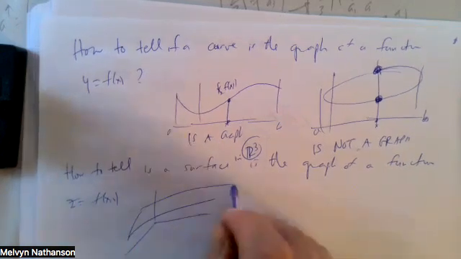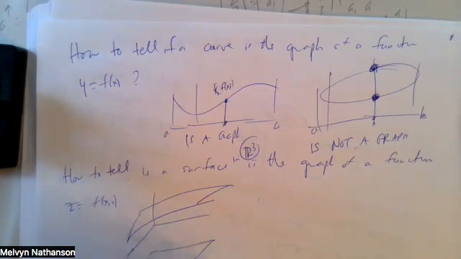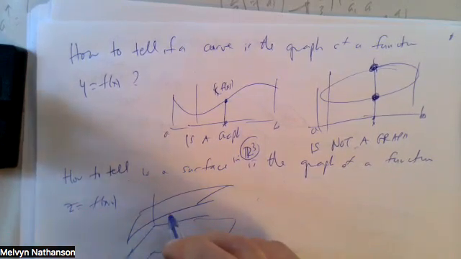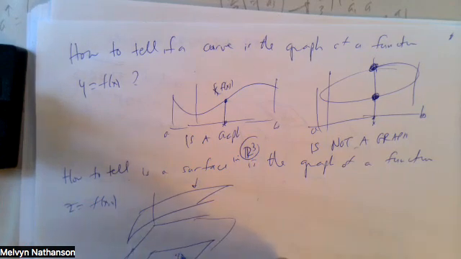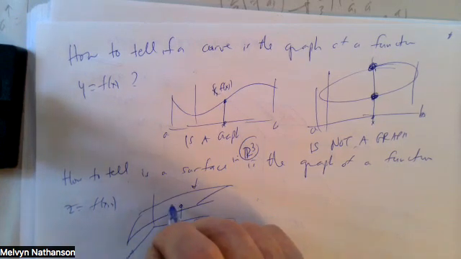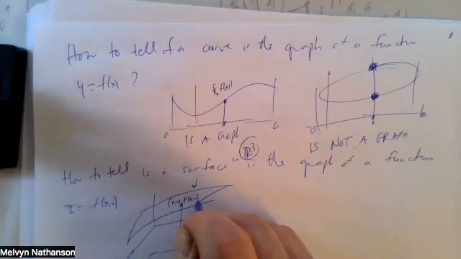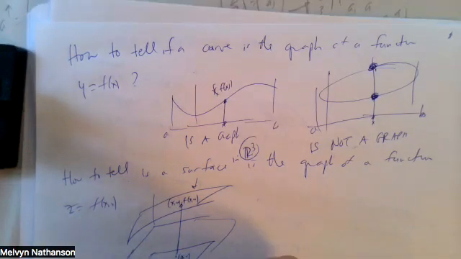If you have a surface over some region in the xy plane, this is your surface. And for any point xy, if you draw the vertical line, it hits the surface in just one point, z, then you can say that z is the value of the function f at xy.